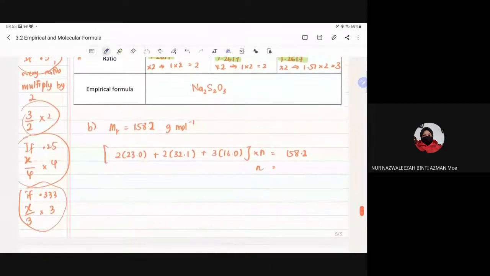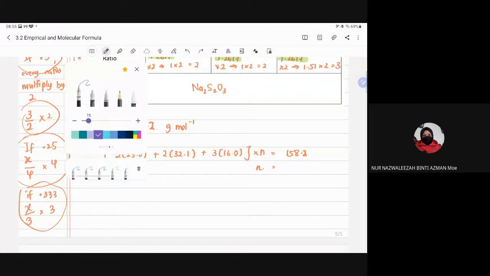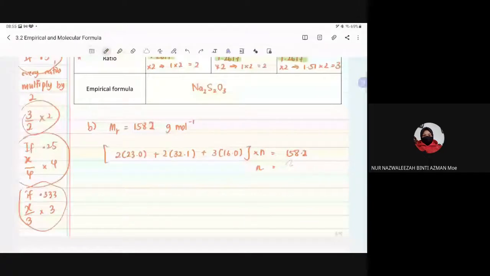Okay. So, N kita akan dapat bersamaan dengan 1. Kalau kita kira 2 kali 23 tambah 2 kali 32.1 tambah 3 kali 16. Kita akan dapat 158.2. So, samalah. N kita akan dapat 1.